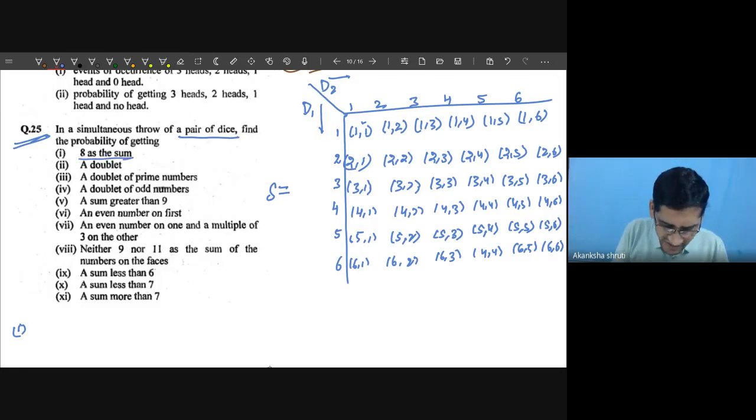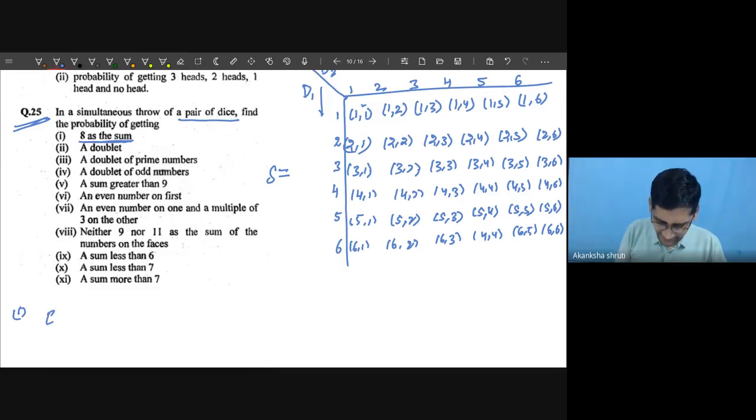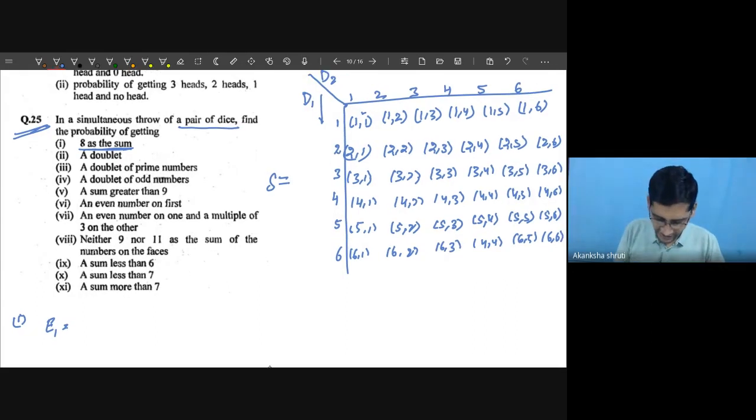8 as the sum means what? What is the event? Let us denote it by E1. The sum of the outcomes is 8. Mathematically, what do we mean by this?